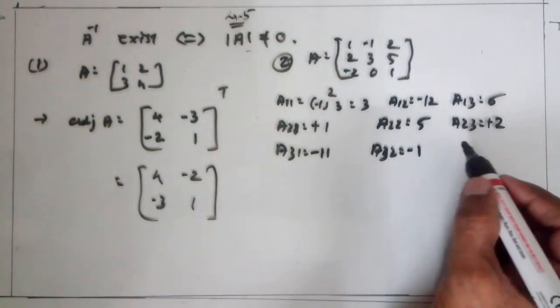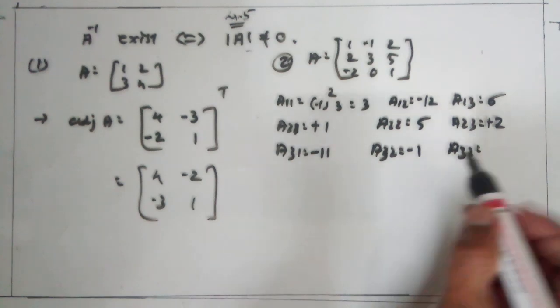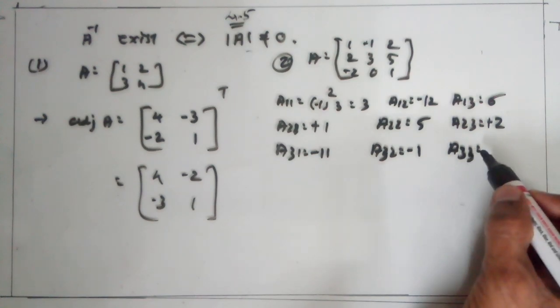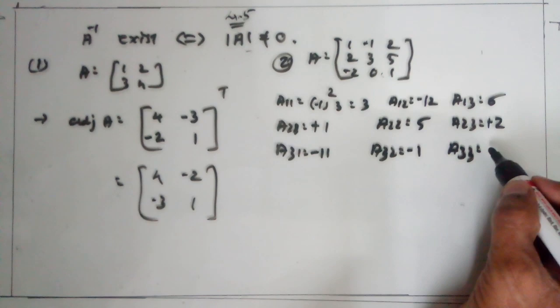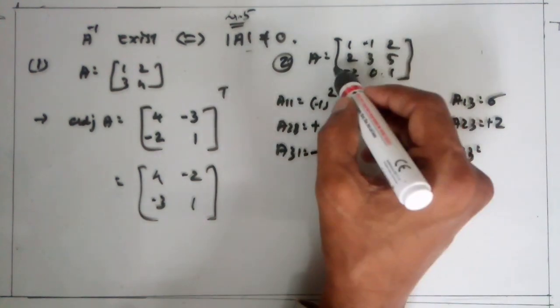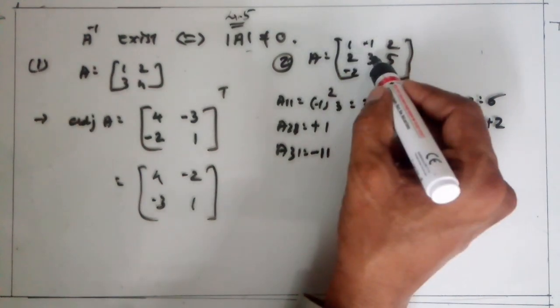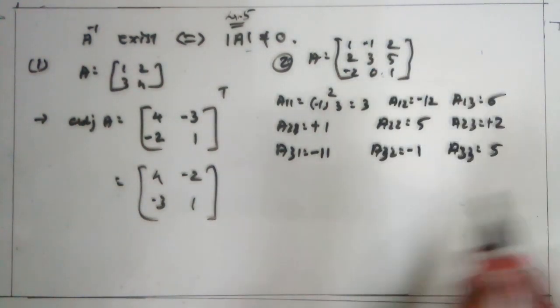Clear? Similarly A33, last, is (minus 1) raised to 6, that is plus, into the minor of 1, remove this row and column, so the product of these two, 3 minus minus plus 2, that becomes 5.